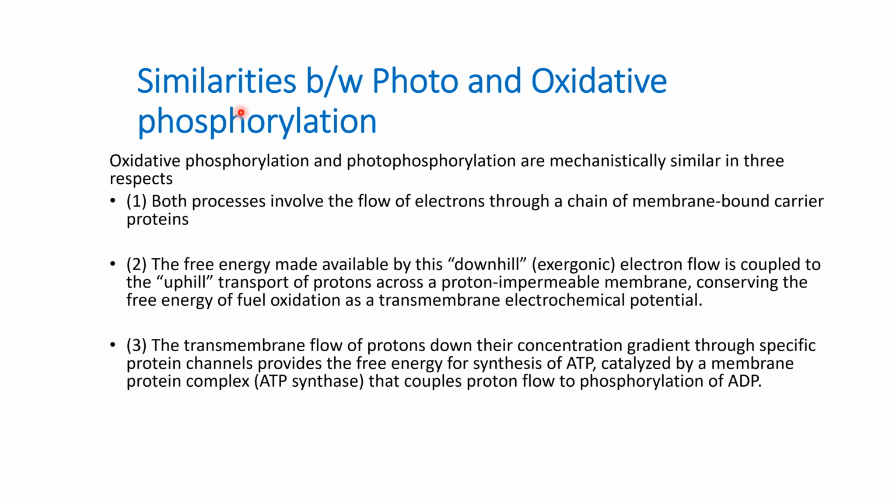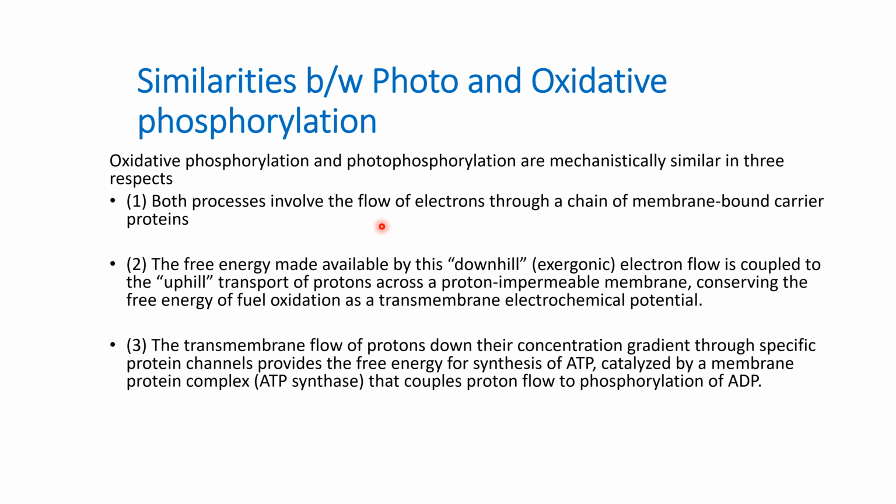Now we'll see what the similarities are between photophosphorylation and oxidative phosphorylation. These couple of slides are just a comparison between all three kinds of phosphorylation. Oxidative phosphorylation and photophosphorylation are mechanistically similar in three respects.